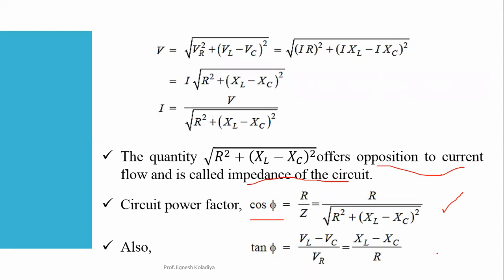So ultimately, if you put VL equal to I into XL, VC equal to I into XC, and here I into R, the I cancels out, and finally tan phi is (XL minus XC) upon R.